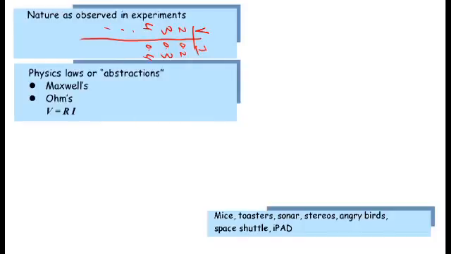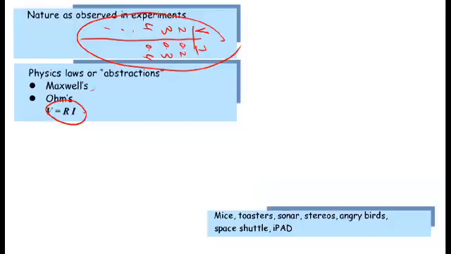What we do as engineers is we start by building laws or abstractions that succinctly describe how nature behaves. So for example, I can take these measurements that I made of voltages and currents, and I can say, aha, I can describe certain materials that behave according to certain laws and write an equation such as V = Ri, which is Ohm's law, that governs certain types of devices.